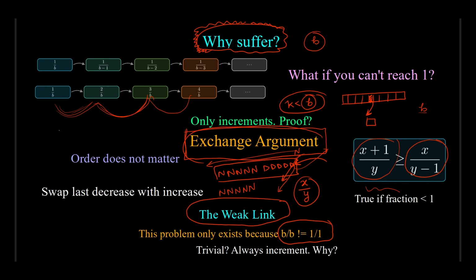It's because if you start with 1 upon b, then after b minus 1 operations, you'll reach 1 upon 1 or b upon b. And if these actually had been equal, then you are reaching the same point from both the directions. So might as well reach the destination point by making the optimal choice at each stage.